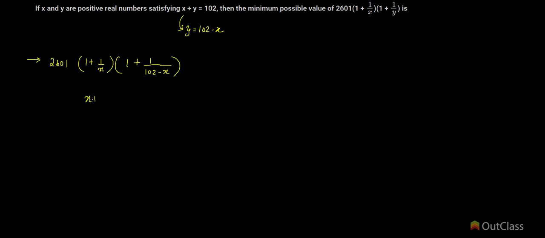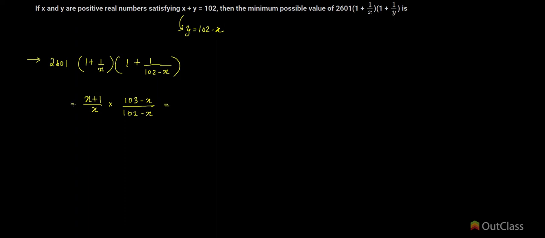It becomes x plus 1 by x into 103 minus x by 102 minus x. Now I'm going to negate both of these, both the numerator and the denominator. It will not change the value of this expression.